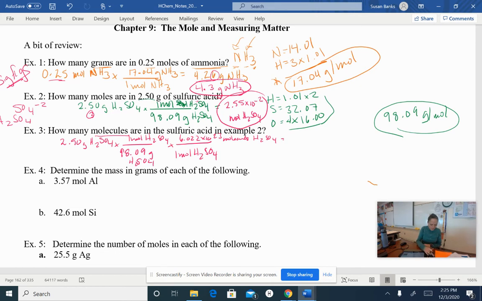So when I multiply that, I get 1.534814996 E22. Once again, I only have 3 sig figs.